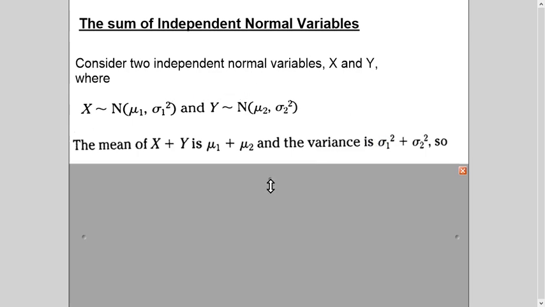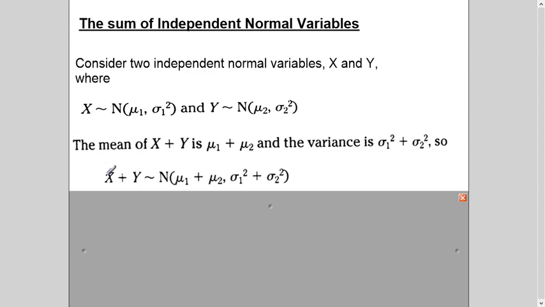Sometimes the question says total of something. So x plus y will become mu1 plus mu2, sigma 1 squared plus sigma 2 squared. So you get a new set of parameters here.